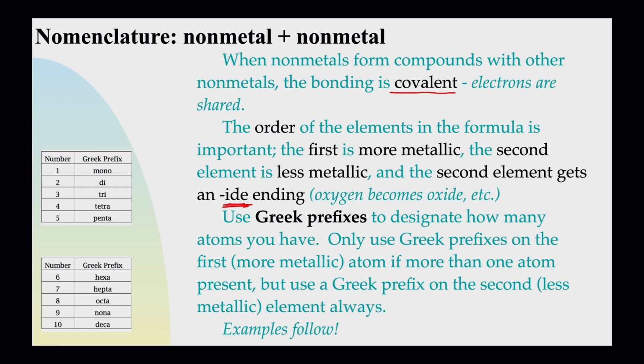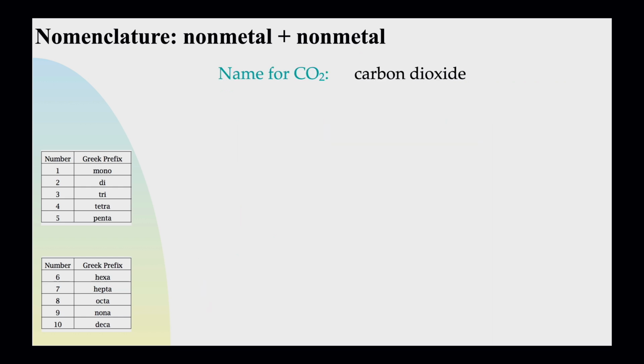Carbon monoxide is another compound. Carbon monoxide has a mono. That's the Greek prefix for one. So that has one carbon and one oxygen in it. So let's look at some examples. People usually pick this up pretty well. CO2, we saw carbon dioxide, one carbon, two oxygens, oxygen listed second, so it's not metallic, so we're going to call that an oxide, and because there's two of them, it's a dioxide.